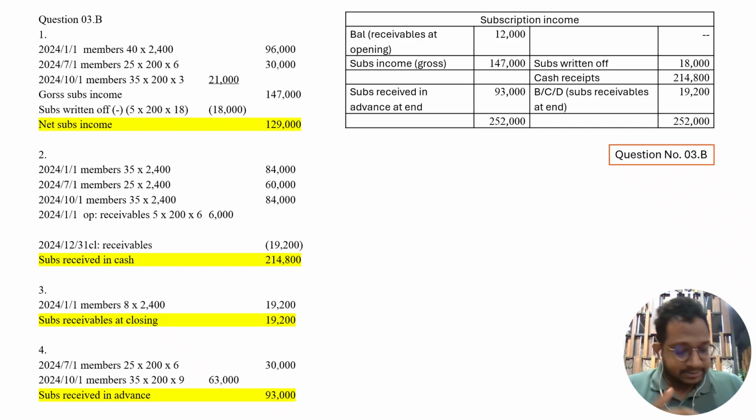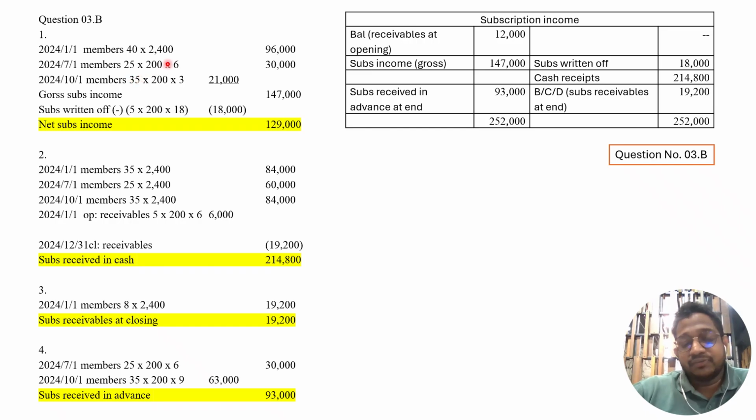So in this case, first you have to find out the net membership fee income. So as at opening day, there were 40 members. So 40 times 2,400, total 96,000. And on July 1st, you recruited 25 new members. So from those, you have to find out subscription income only for the last 6 months, right?